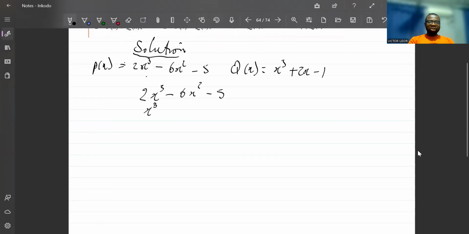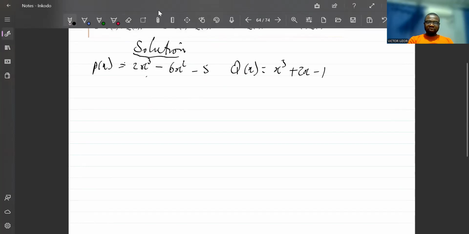But in the second question, there is no x squared, so I'll include it, putting 0x squared. But the way I arranged this will make it difficult for me to get it done, so let me arrange it well.